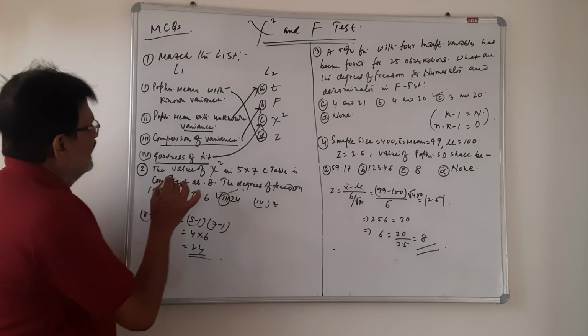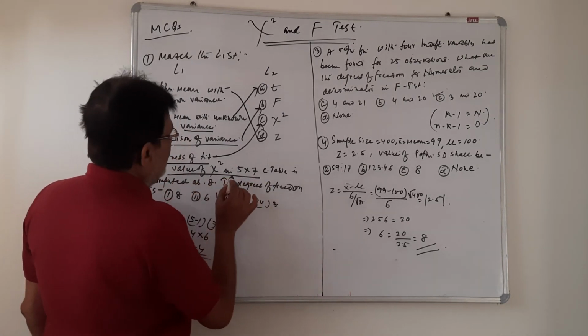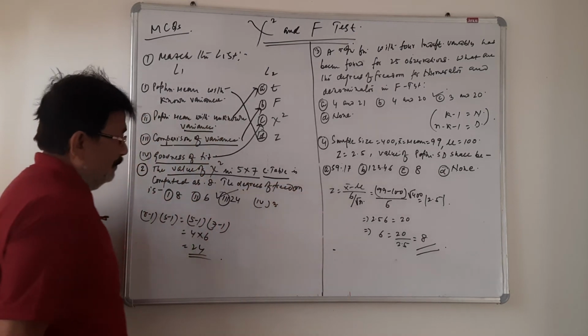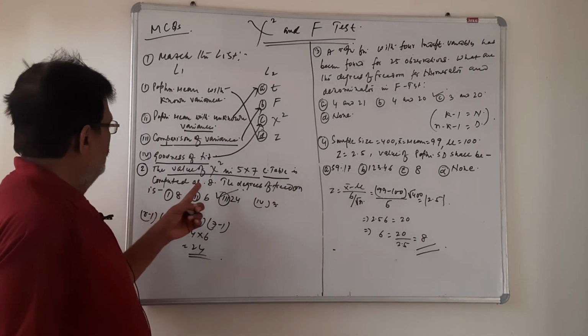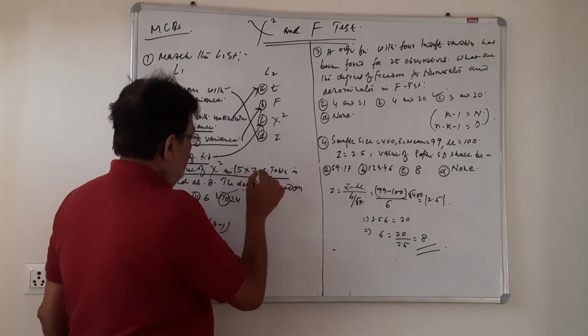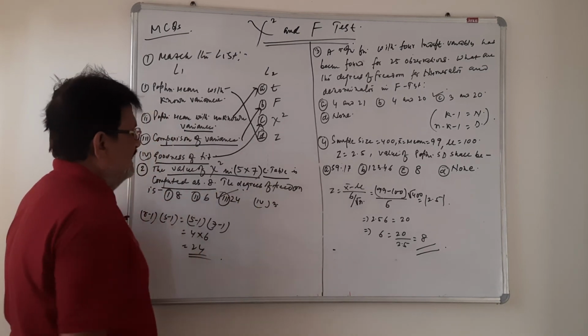Number 2, the value of chi-square in a 5 into 7 contingency table is computed as 0.8.